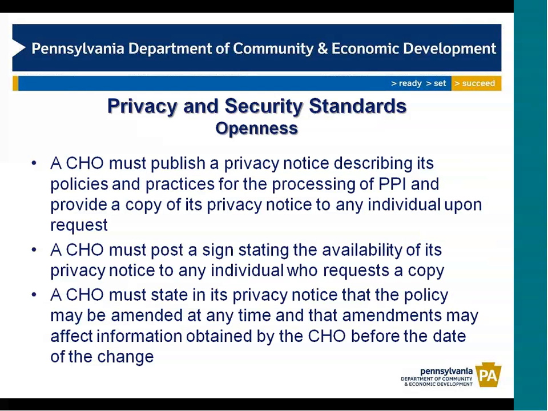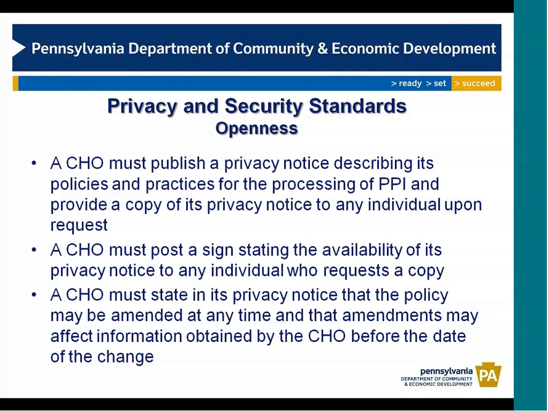Openness. This refers to being transparent about all your data collection and what you're using it for and what you're sharing with. A CHO must publish a privacy notice describing its policies and practices for the processing of PPI and provide a copy of its privacy notice to any individual upon request.